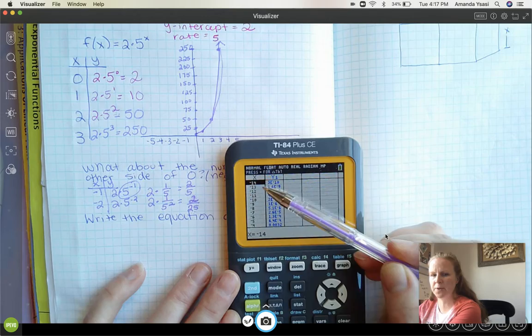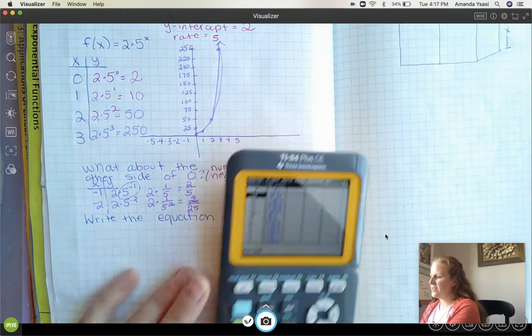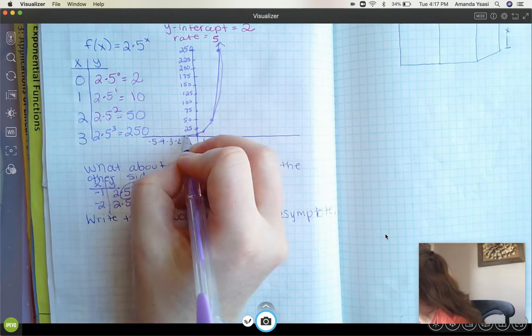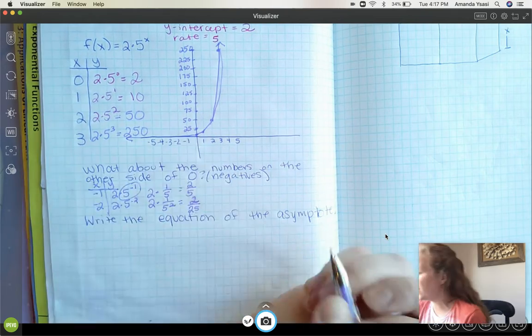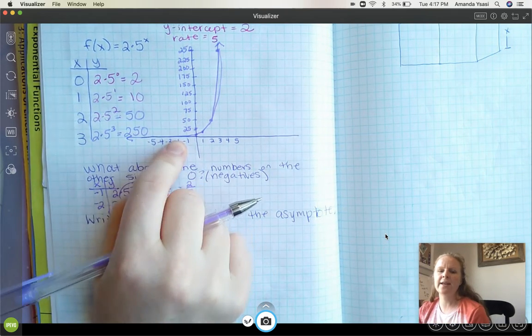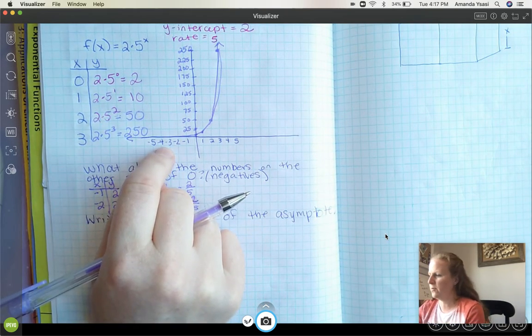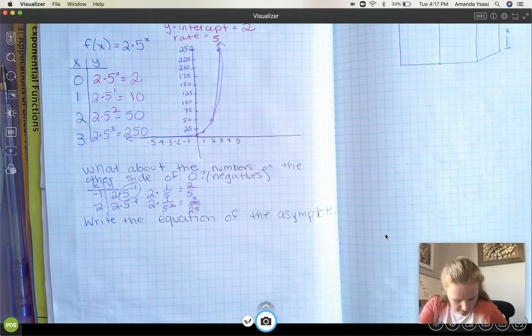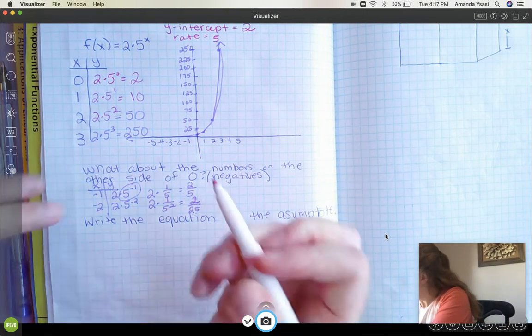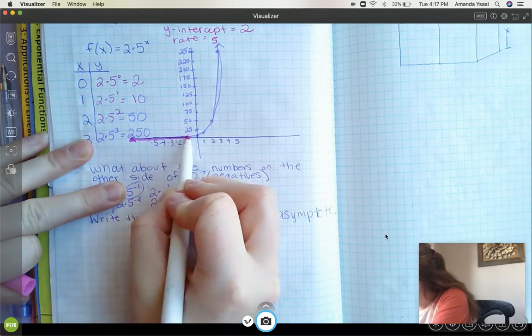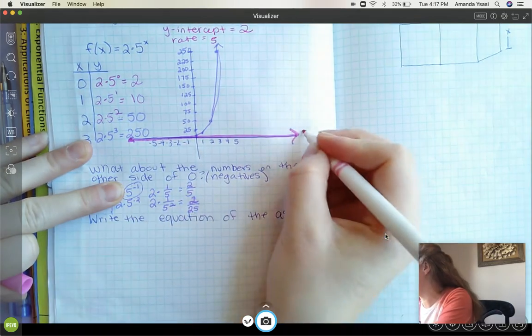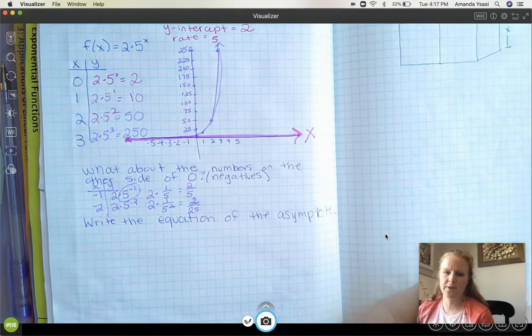So that's a really, really small number. So what this means is this is going to approach, but never actually cross and never actually touch the 0. So this right here on the x-axis, that is going to be our asymptote.